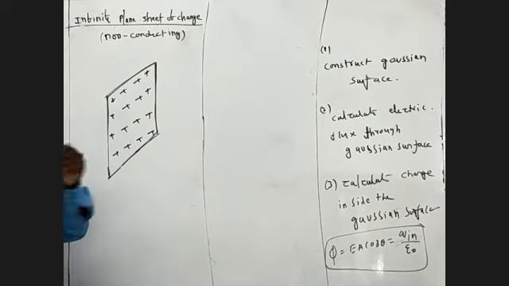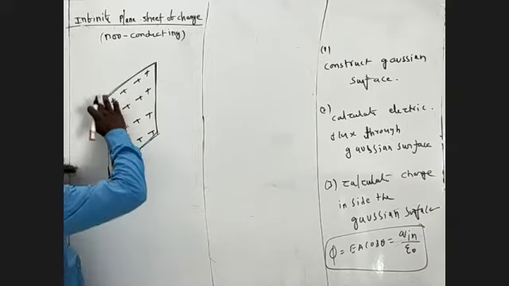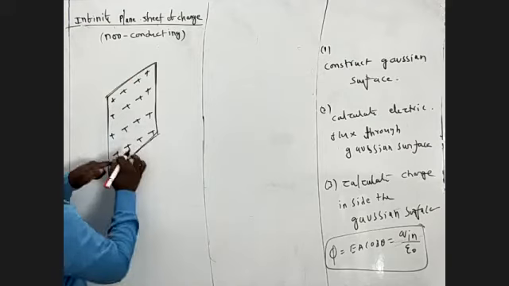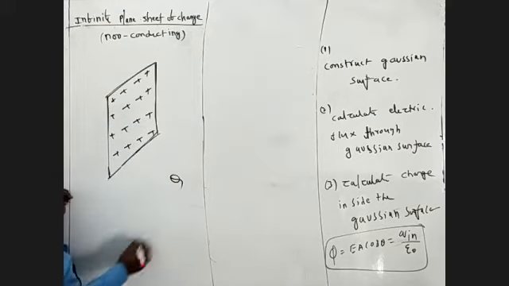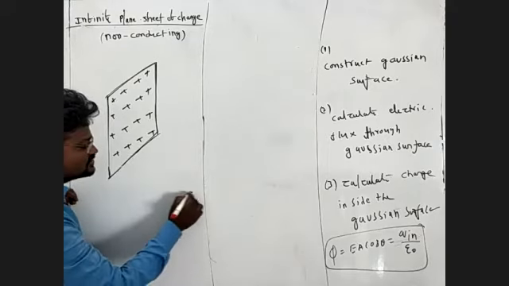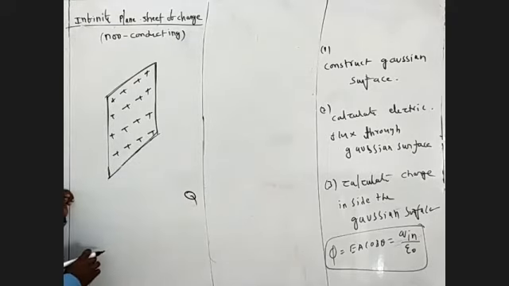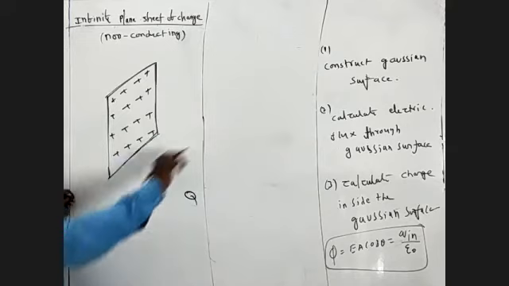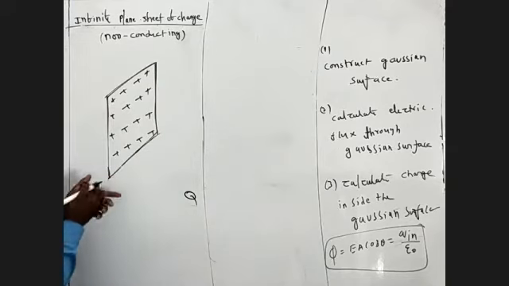Now we'll see the first step: construct a Gaussian surface. This is a plane sheet having total charge Q. What is the shape of this plane sheet?